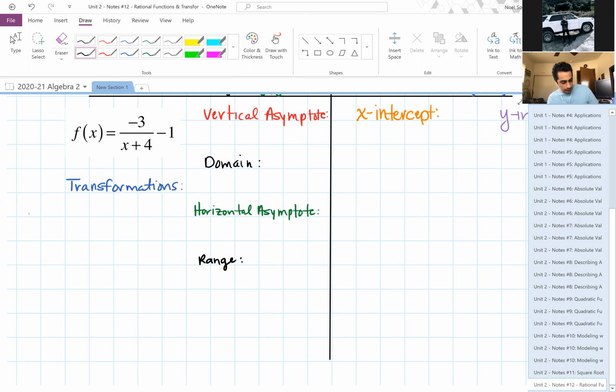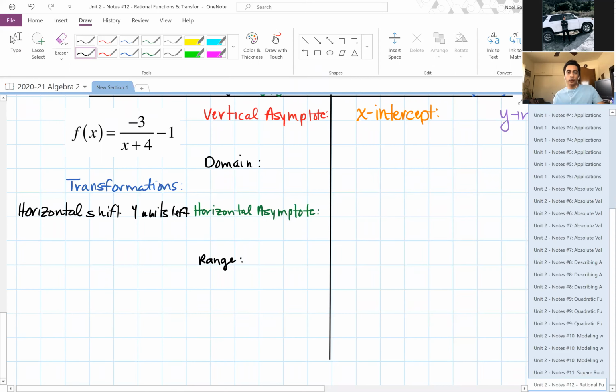All right, let's start with the horizontal shift. Four units left. So pause right there. Horizontal shift, 4 units left.